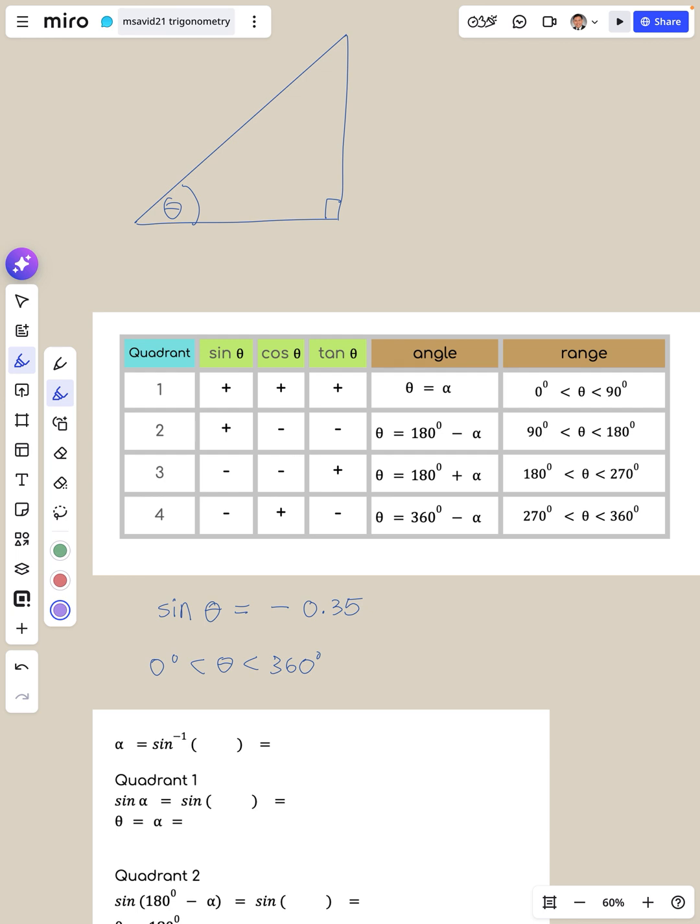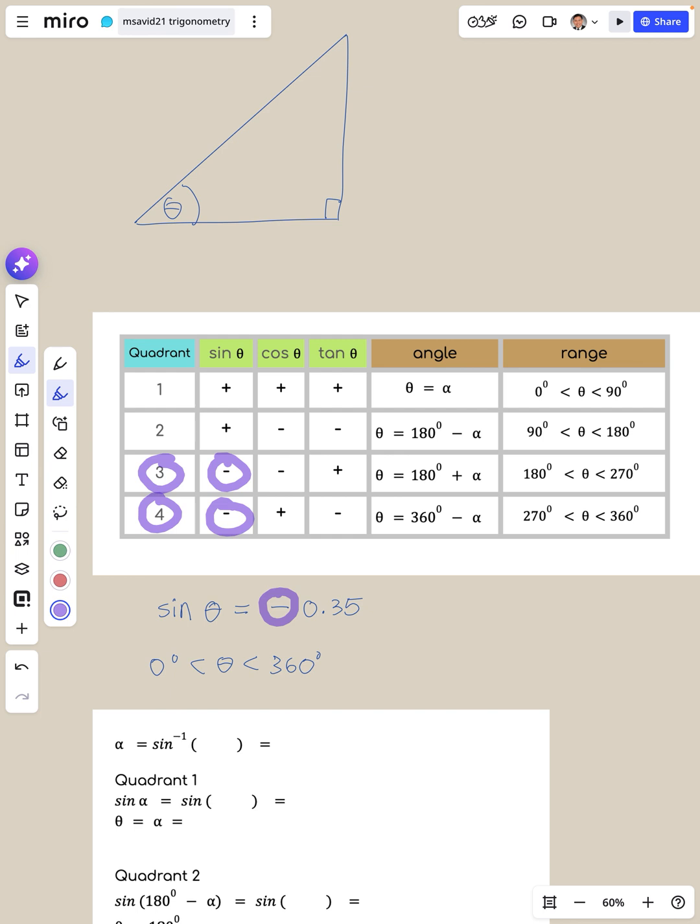First step, they give you sine theta equals negative 0.35. We focus on the negative sign here, and for the sine value being negative, we look at this table. If you want a negative value for sine, the angle is supposed to be in quadrant 3 or 4.